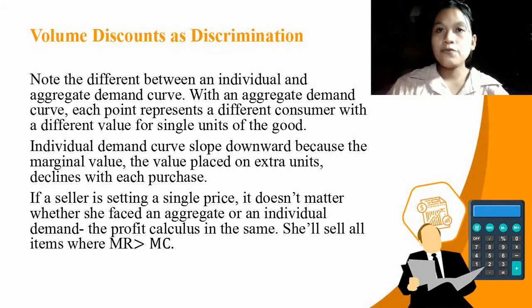The trick to profitably selling more is to find a way to sell additional units without dropping the price of earlier units. And there are several ways to do this. First is to offer a volume discount.